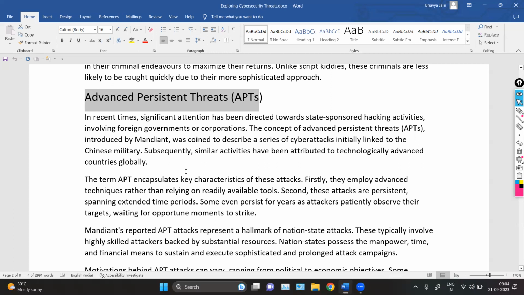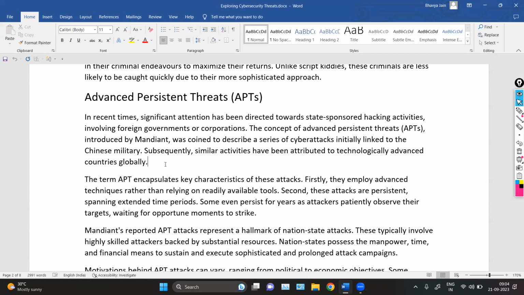Because we have many technologies, you also have to craft the attack according to the technology you are using. For example, a malware for Windows is different from a malware for Linux, because the architectures of the operating systems are different. So APT is all about being advanced.